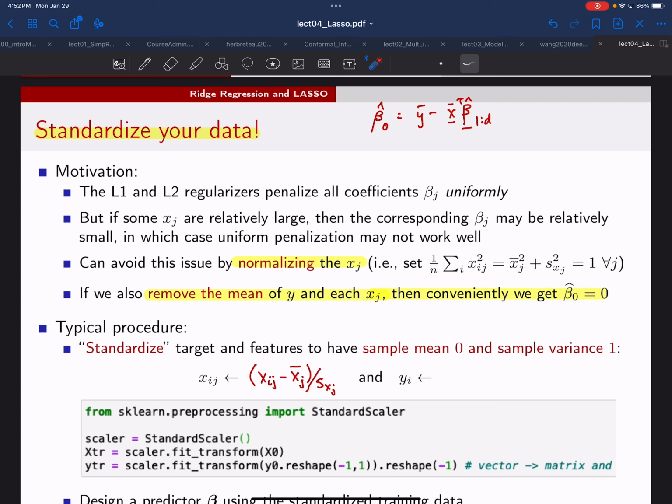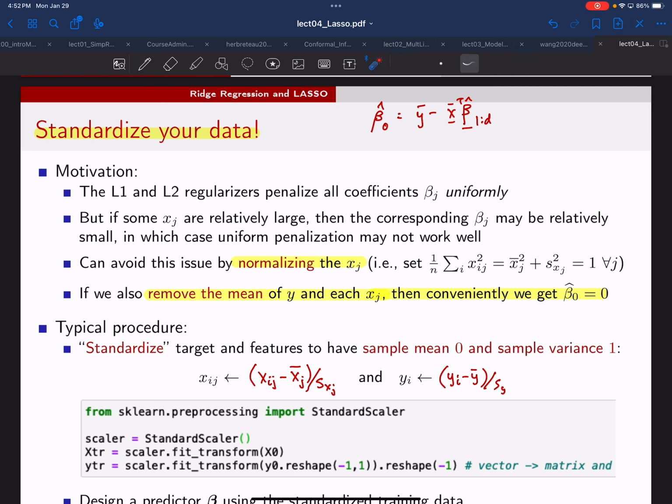And so we just overwrite our features with these new scaled features, and then we just work with them. Okay, similarly for y, we can take yi, subtract its sample mean, divide by its standard deviation sy, and now the yi's are 0 mean and also normalized.